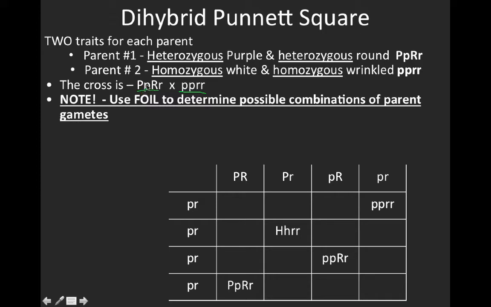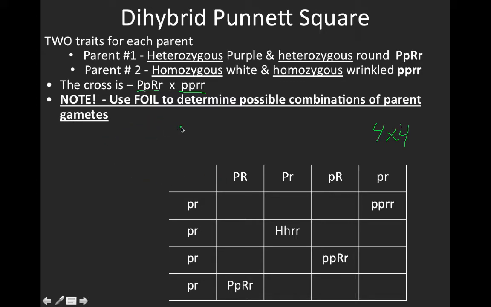So here we have our purple flower that's heterozygous, and here we have our round pea that is heterozygous, and we just stick them together. What we need to do to set up our squares, we have a 4x4 square instead of 2x2. So we're going to have 4 by 4, and we're going to have to put in the allele combinations that can exist when they're combined together.